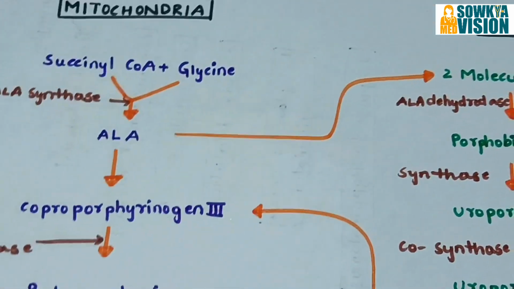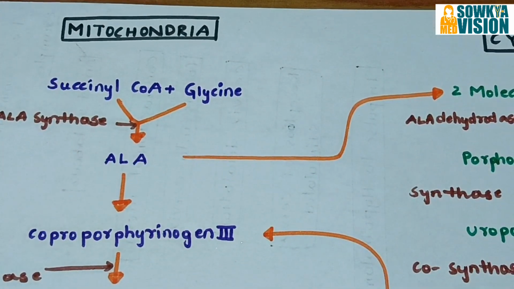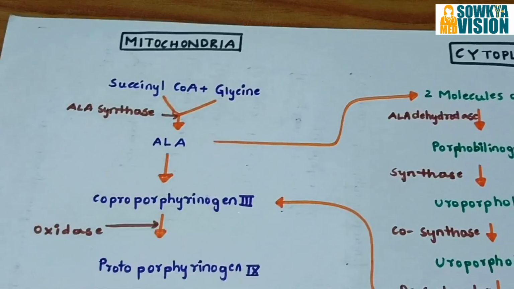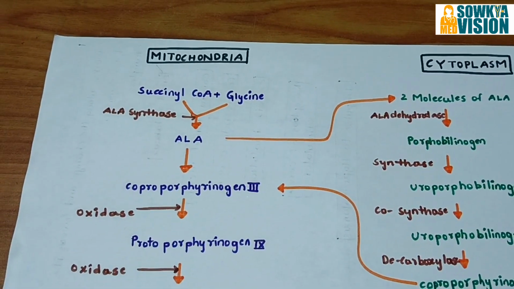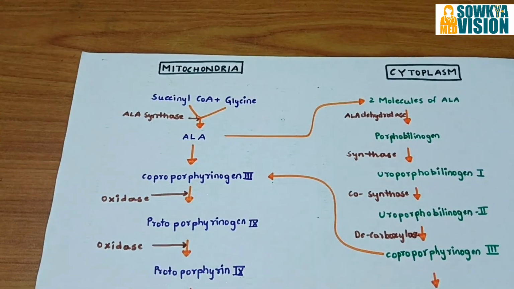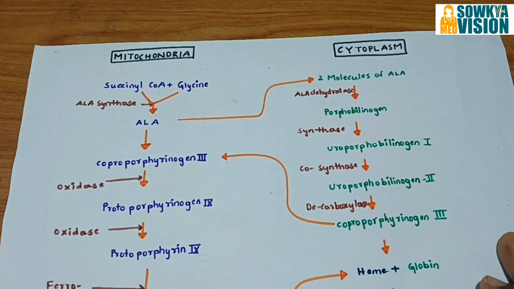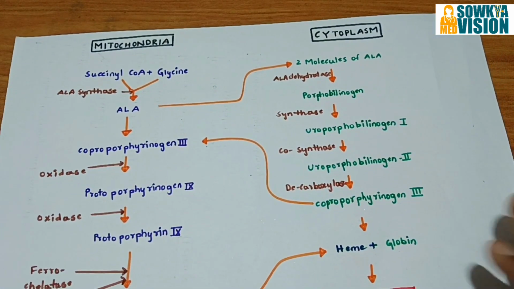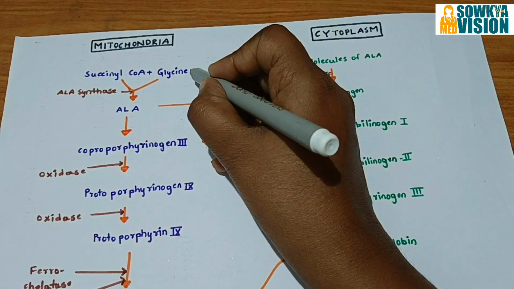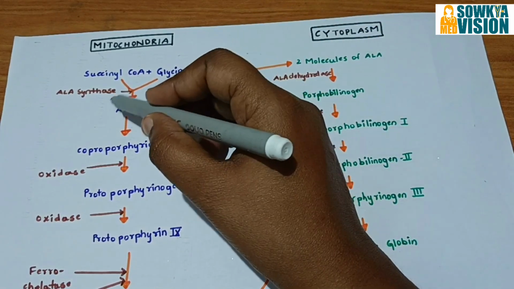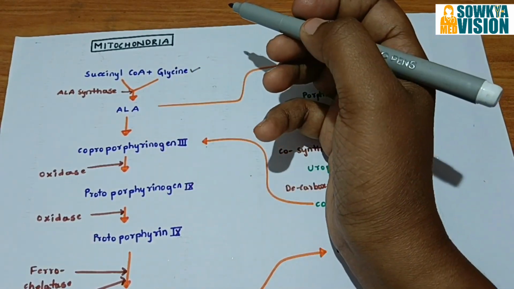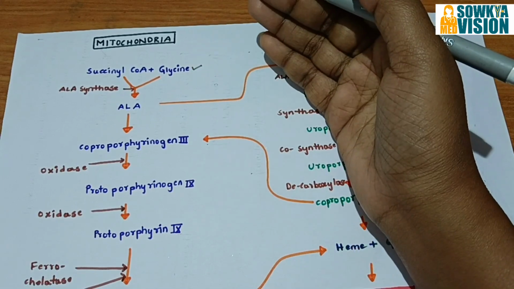Now let's see the synthesis of hemoglobin. Let's imagine this is the RBC. This whole process is occurring in the RBC, a cell containing mitochondria as well as cytoplasm. Here, succinyl coenzyme A along with glycine is converted into ALA by ALA synthase.